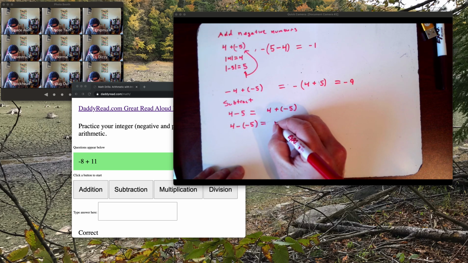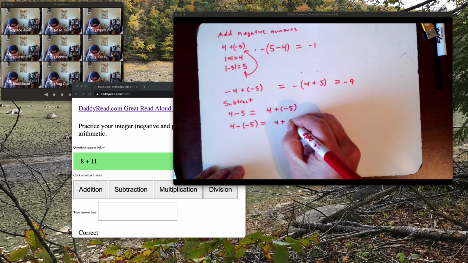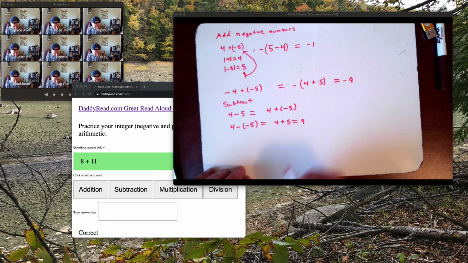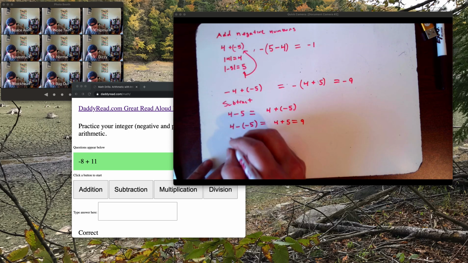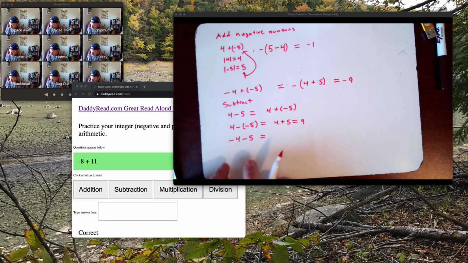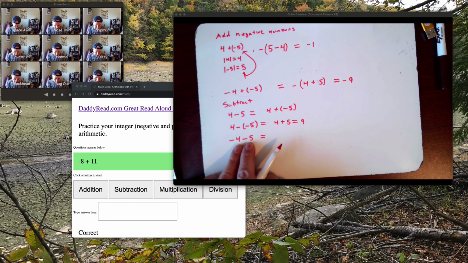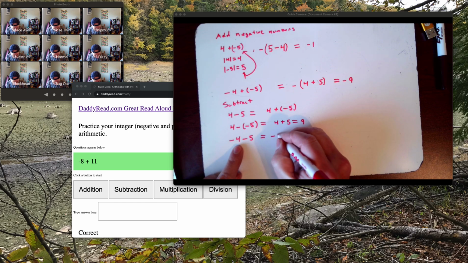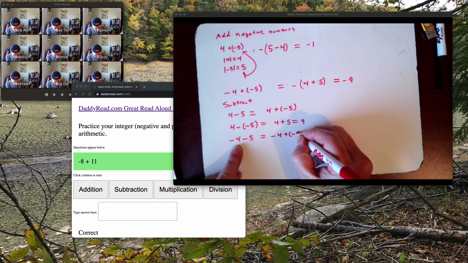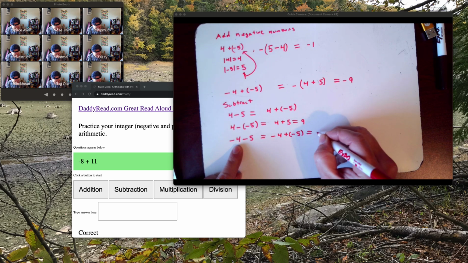So that would be 4 plus 5, which is equal to 9. Another example, negative 4 minus 5. Anytime you subtract a number, you can add its negative. So this is equal to negative 4 plus negative 5, which is equal to negative 9.